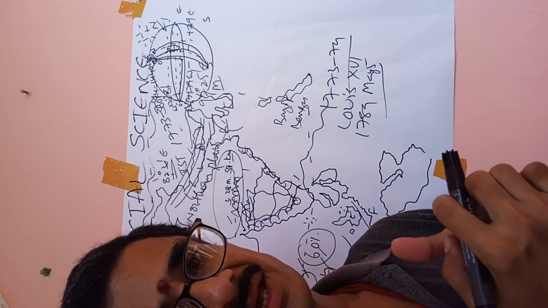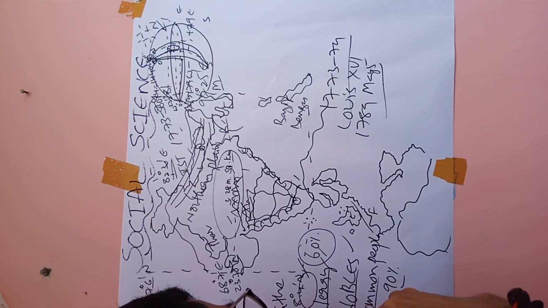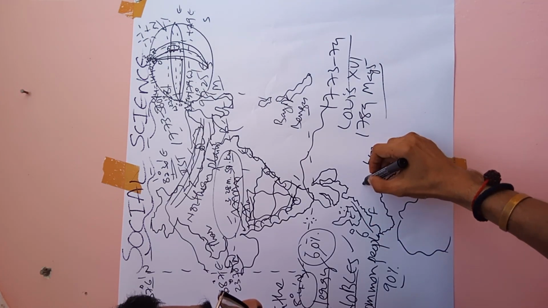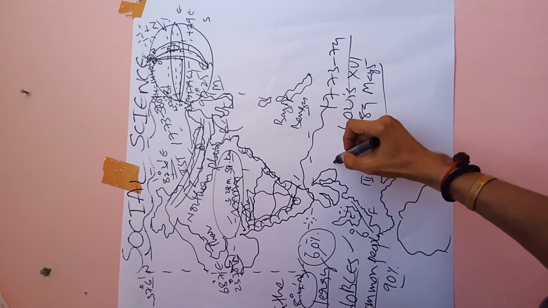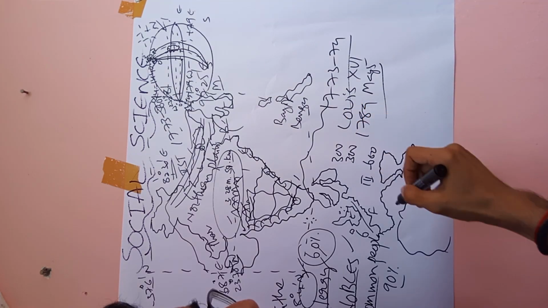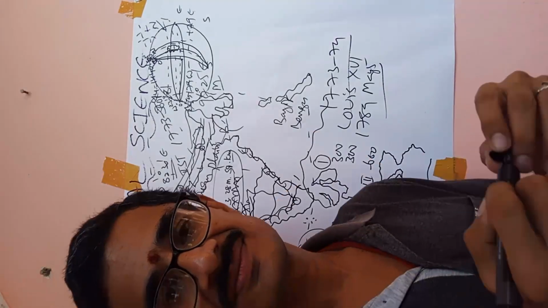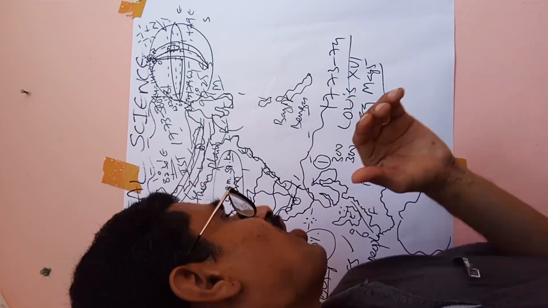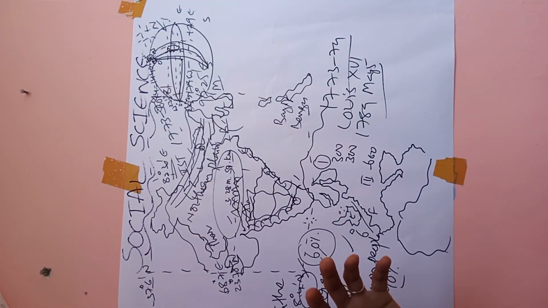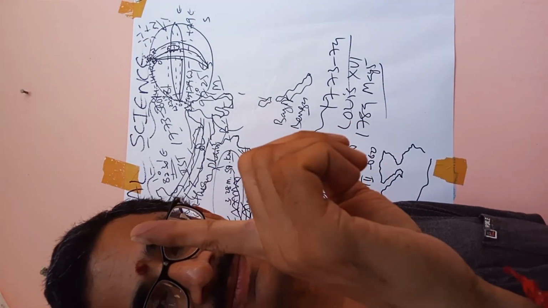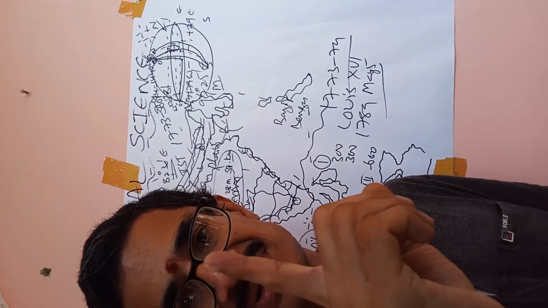The third estate had 600 representatives, the first estate 300 and the second estate 300. Every estate has one vote only, total three votes. Always these clergy and nobles are very close. The third estate, with 600 members, has only one vote.